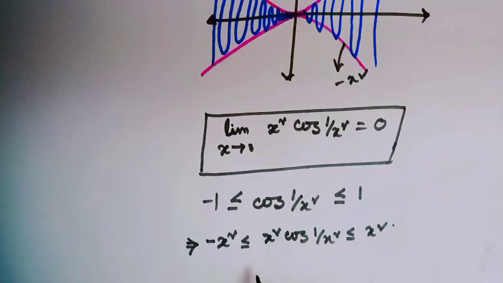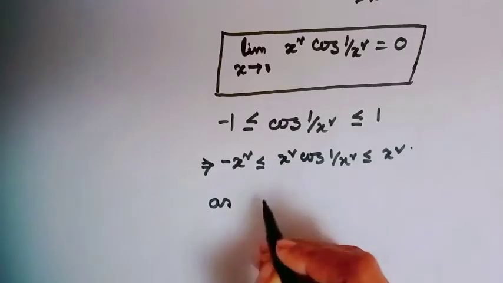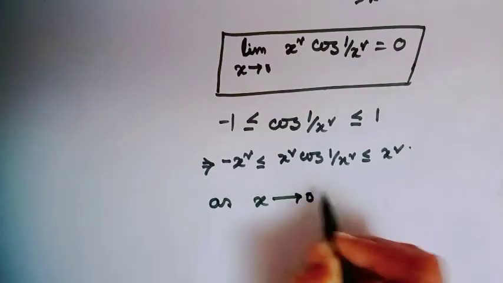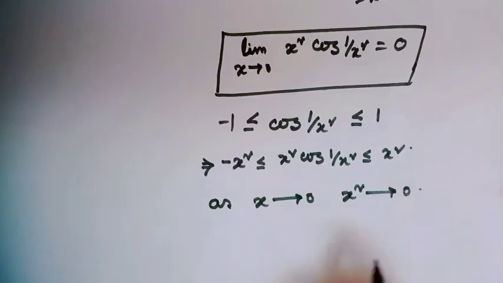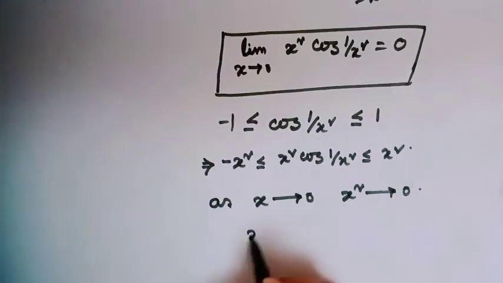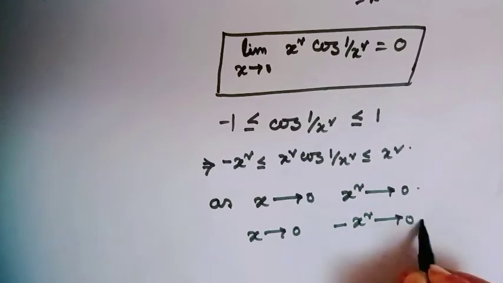And we have an inequality which has a value between x squared and minus x squared. We know as x goes to 0, x squared goes to 0, and minus x squared goes to 0.